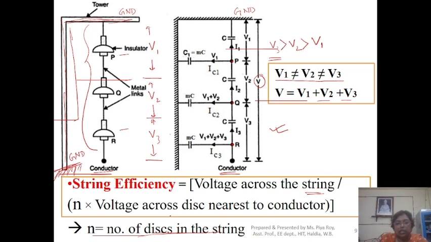And the voltage across the disc nearest to the conductor is this one.